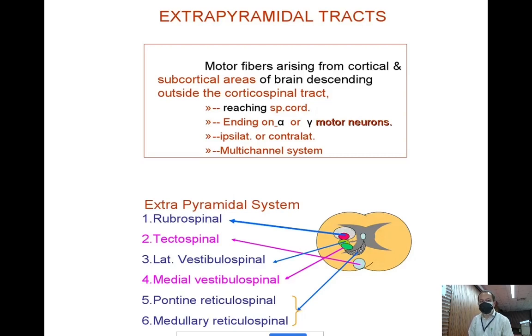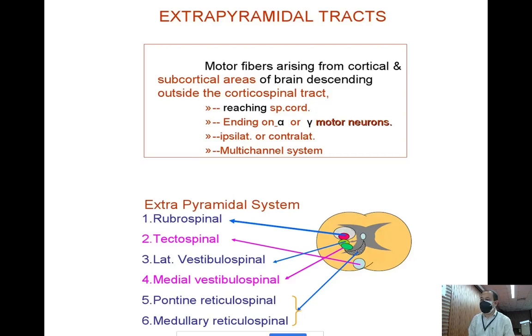So the pyramidal tract with one extrapyramidal tract forms what we call the lateral descending column. They descend in a bundle, the lateral funiculus. And all the other extrapyramidal tracts form the medial descending tracts, or the medial descending column.